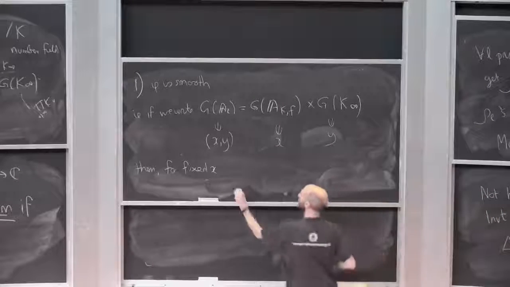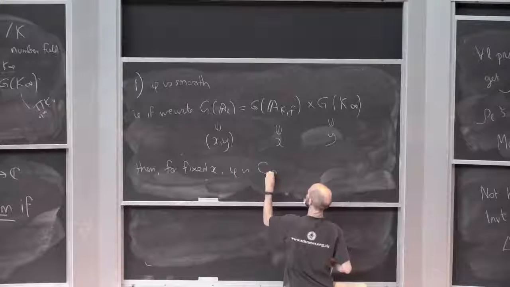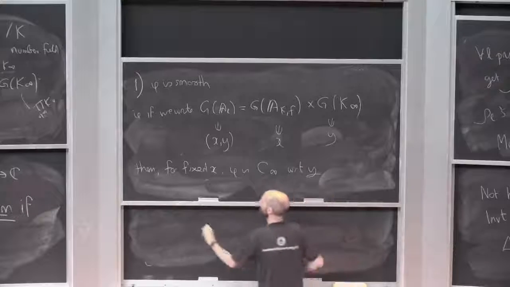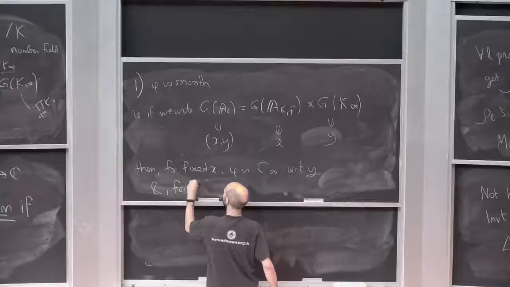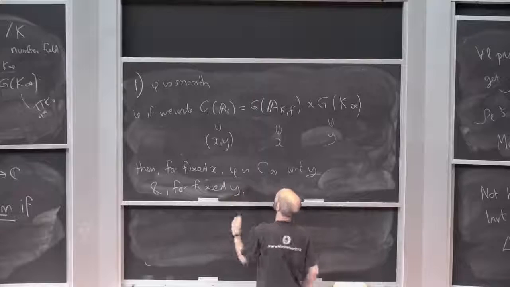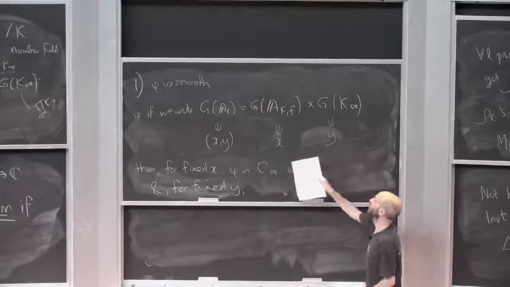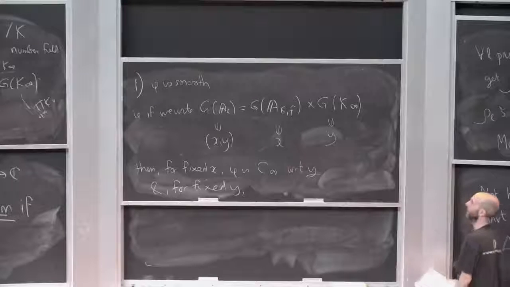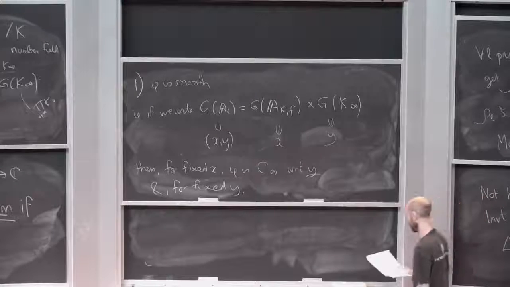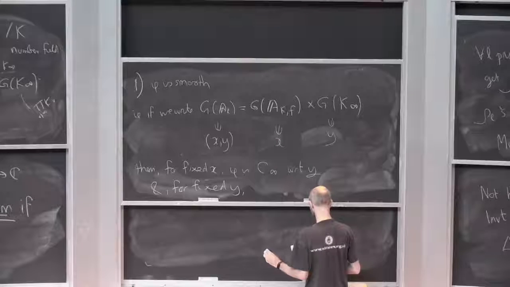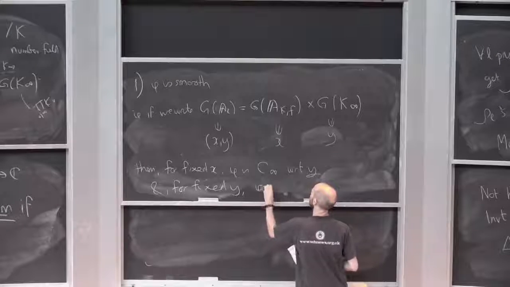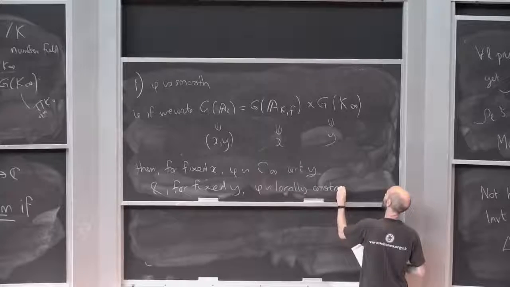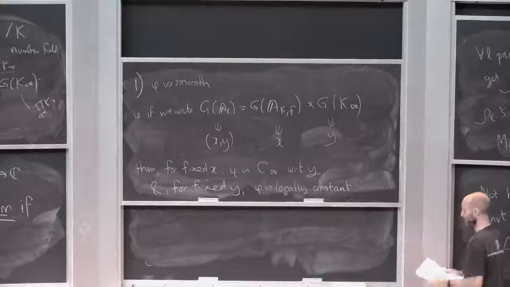So for fixed x, phi is C infinity with respect to y, so infinitely differentiable. And for fixed y, I can now regard phi as a function on this set here, which is locally profinite, and I'm just going to demand it's locally constant. Phi is locally constant. So there's my smoothness condition.